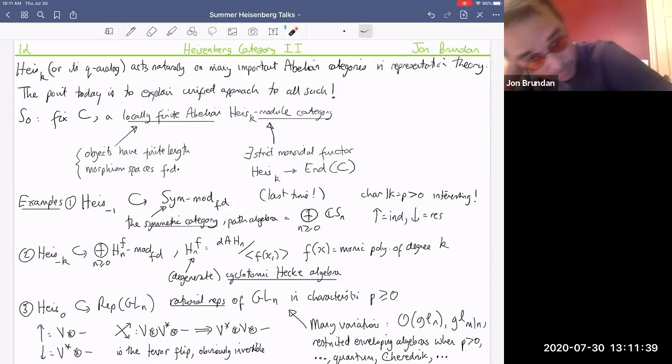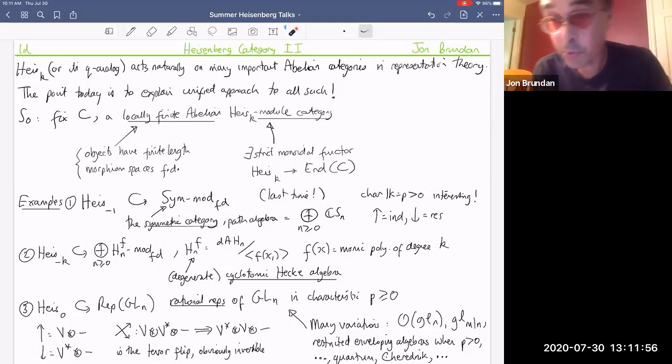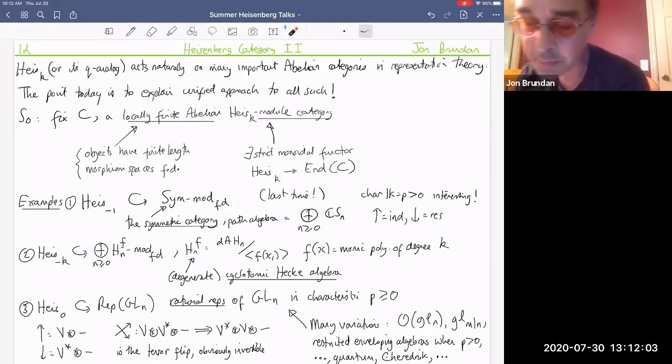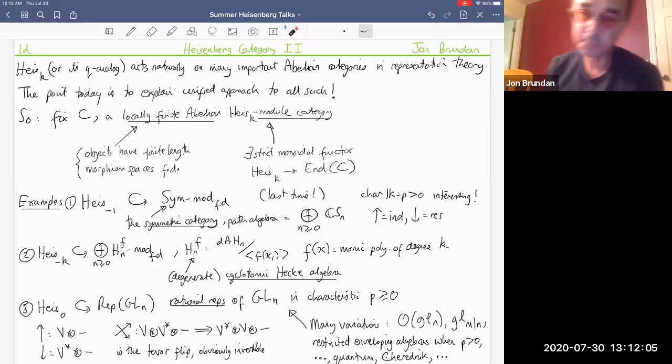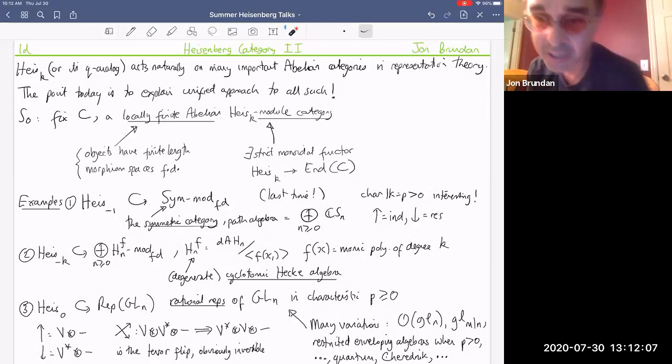So this third example, although that Heisenberg 0 category looks rather boring because we haven't really inverted anything interesting, we've just inverted this rightward crossing, so that relation is sort of a trivial relation. There's a ton of examples along these lines involving the general linear group, or the general linear Lie algebra, or the general linear Lie superalgebra, or if you go to the quantum Heisenberg category, then you get quantum GLn, perhaps at a root of unity, or maybe some restricted enveloping algebra.